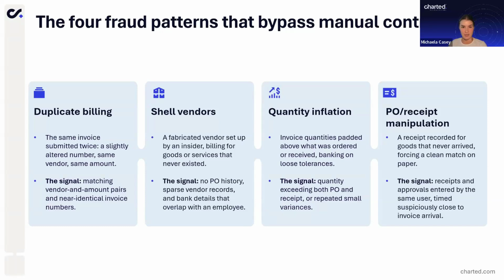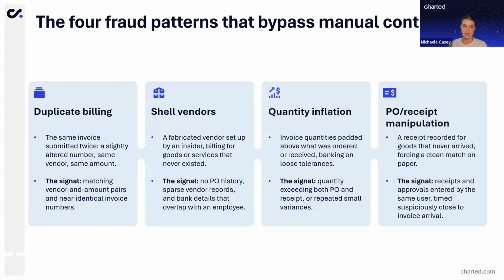And then the third pattern here is quantity inflation. A good example of this is you ordered 100 units, received 100, got billed for 115, or maybe the rate creeps up 3% per invoice. This scheme specifically exploits threshold-based matching, so the fraudster can learn your review threshold and live under it.